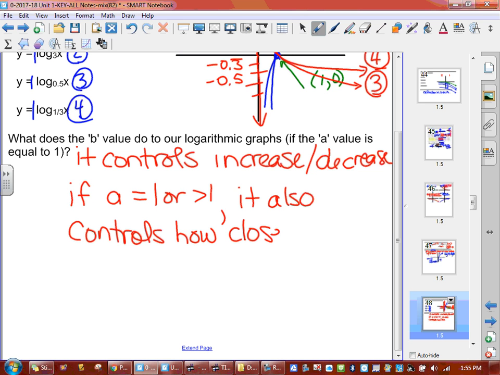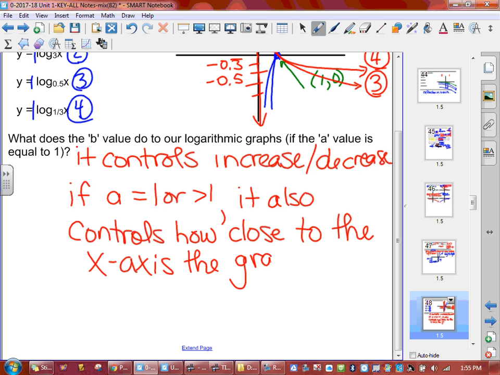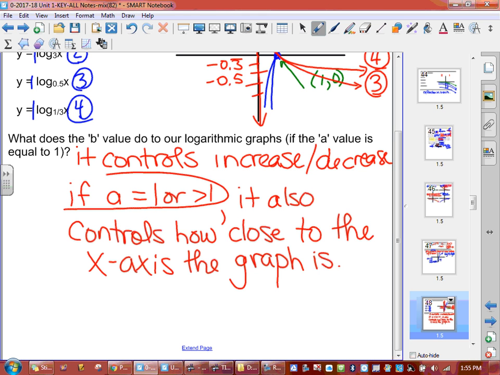Okay, so that's if A is this, and B. What does B do? Well, if A is that, B controls how close. B also controls how steep to the x-axis the graph is. So the it is B I'm talking about. Okay, so that's what it's going to control.